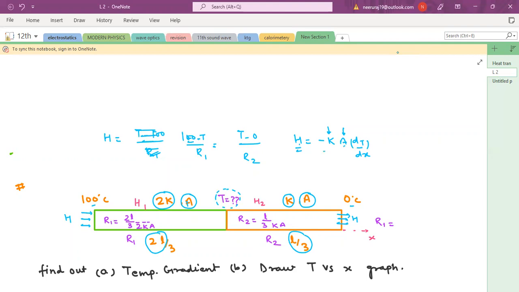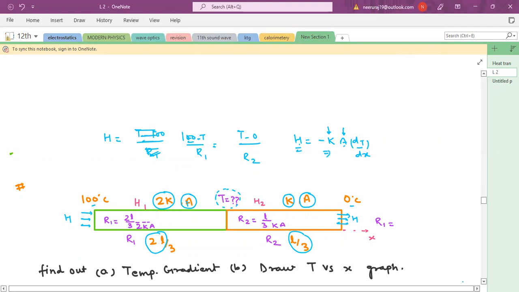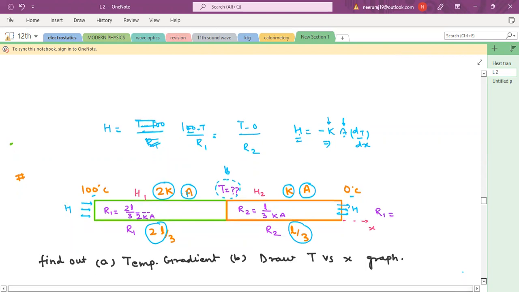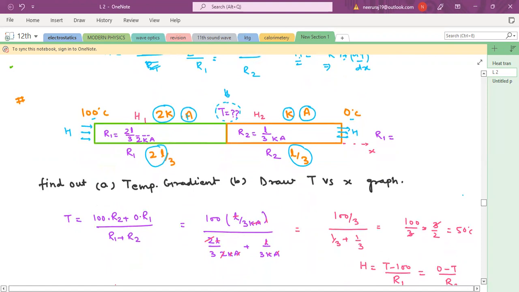So now your task is just to find this junction temperature, and it's very simple. Then you can find the temperature gradient. If you remember the formula for junction temperature, I told you in the last class: junction temperature T equals this, 100, this side temperature.